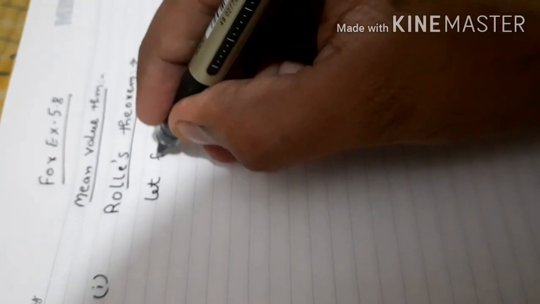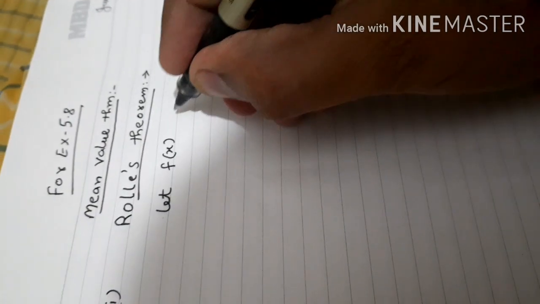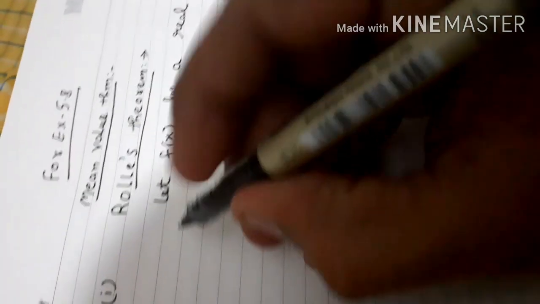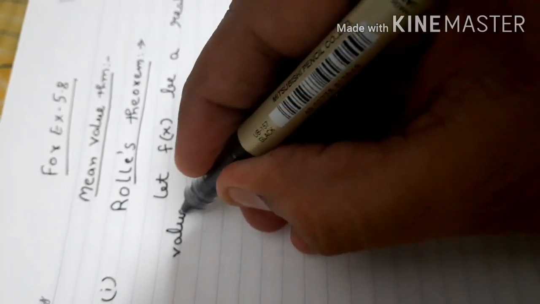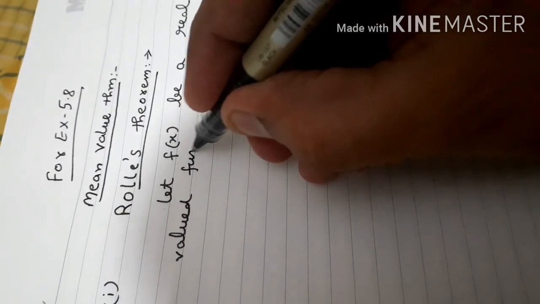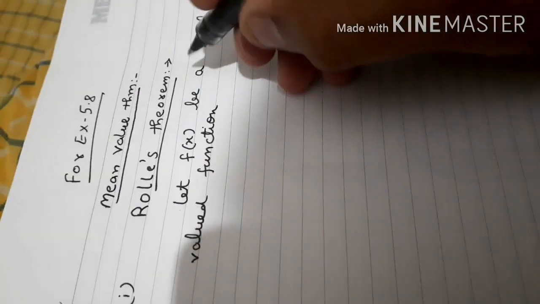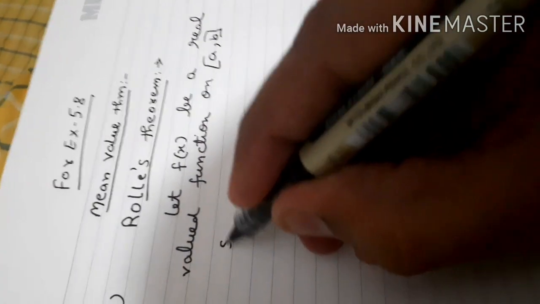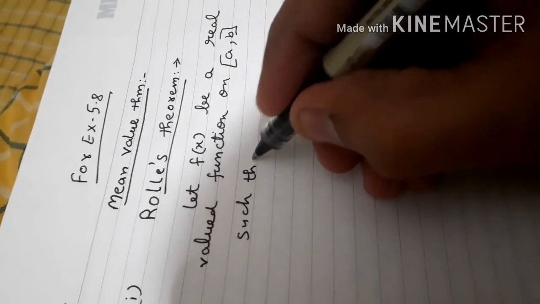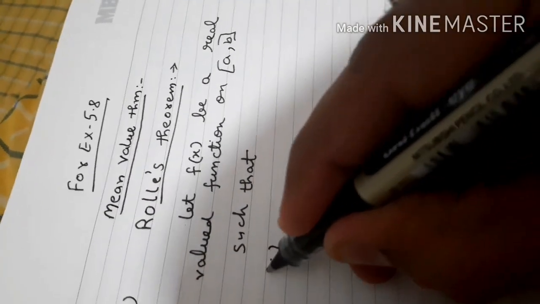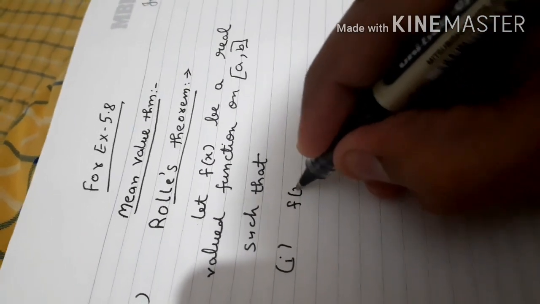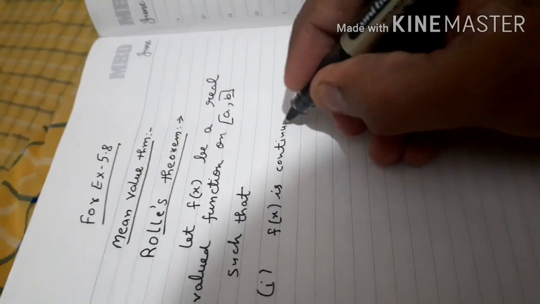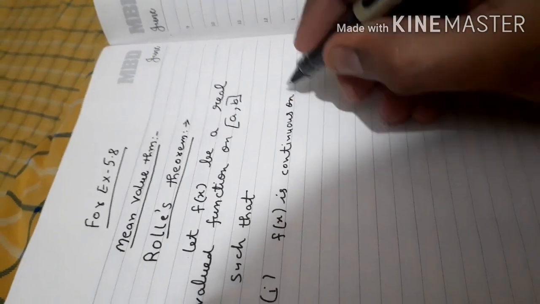Let f(x) be a real valued function on closed interval [a, b] such that, first point, f(x) is continuous on closed interval [a, b].